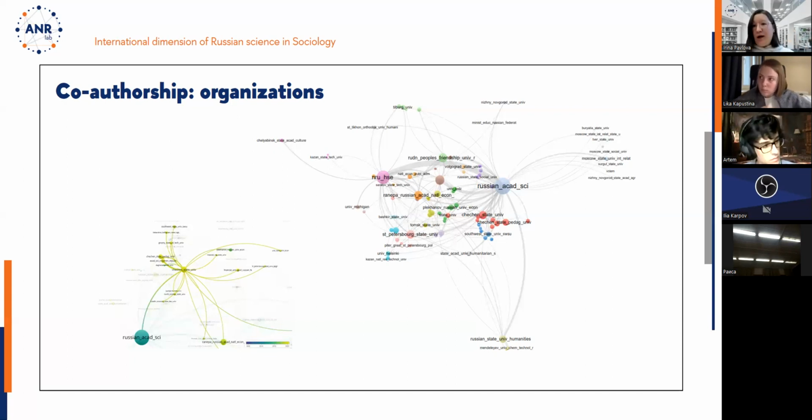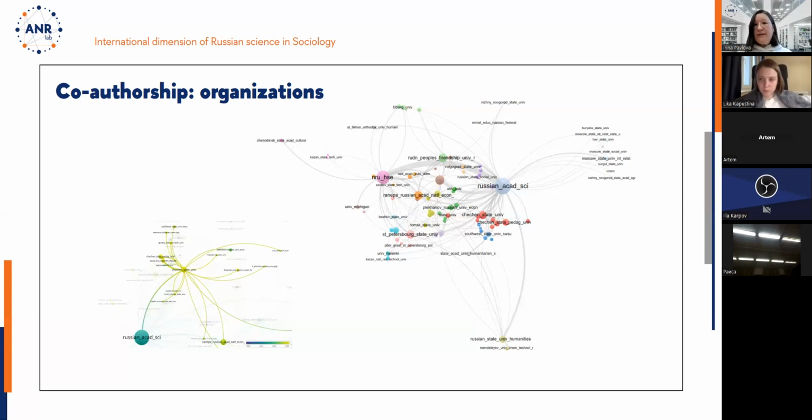They do not have quite a lot of documents published, but they have a high metric for total link strength. And when you see how they are inscribed into collaboration with other organizations, this is quite a significant insight from analysis of this map.